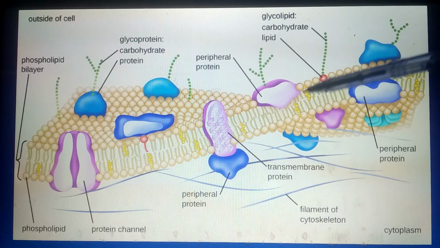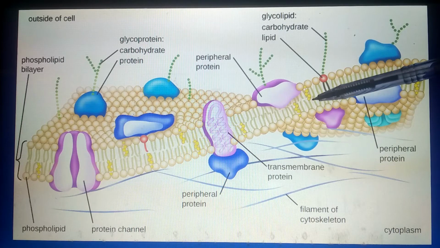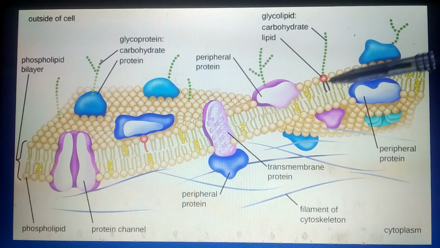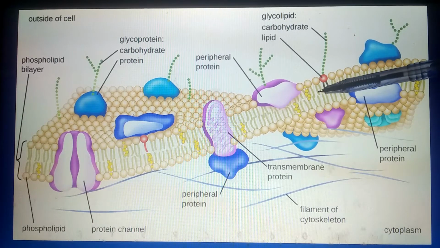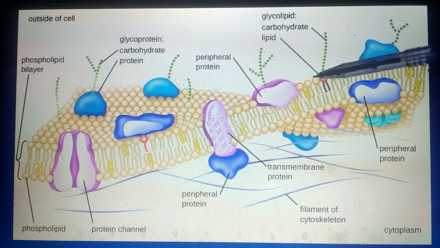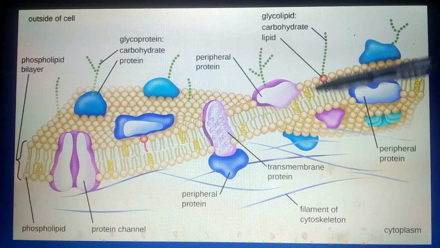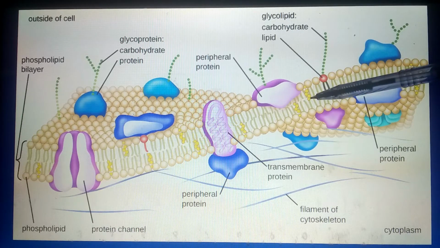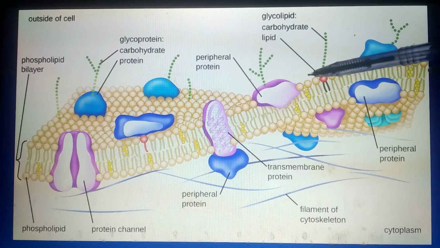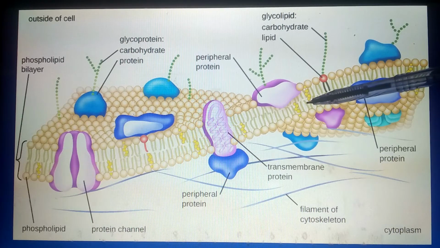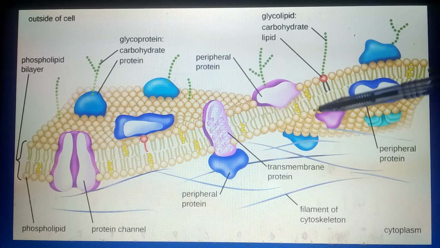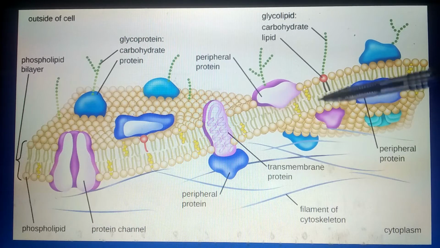So this is the lipid bilayer, and lipids are non-polar. As I have discussed earlier, lipids are non-polar, and this non-polar membrane allows the movement of non-polar substances easily. Small-sized and non-polar substances, and those substances which dissolve in lipids, can pass through the cell membrane easily.